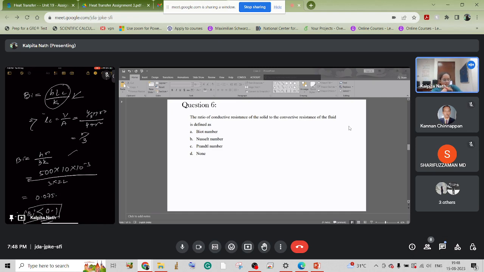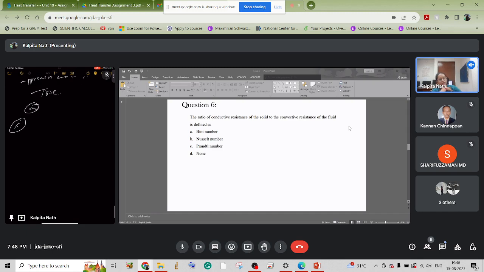Conductive resistance we can write as 1 upon k by Lc, and convective resistance as 1 upon h. So Biot number is the ratio of the conductive upon convective resistance.